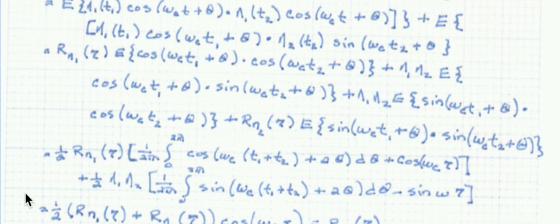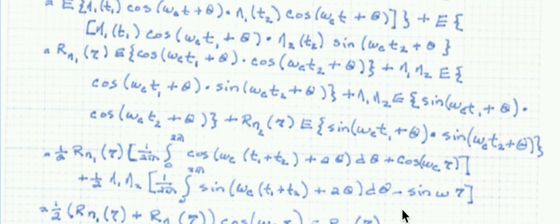In finalizing the two points t1, t2 and the autocorrelation, we end up with 1/2 of R of n1 of tau plus R of n2 of tau, the cosine of omega c tau, and that quantity equal to RZ of tau.